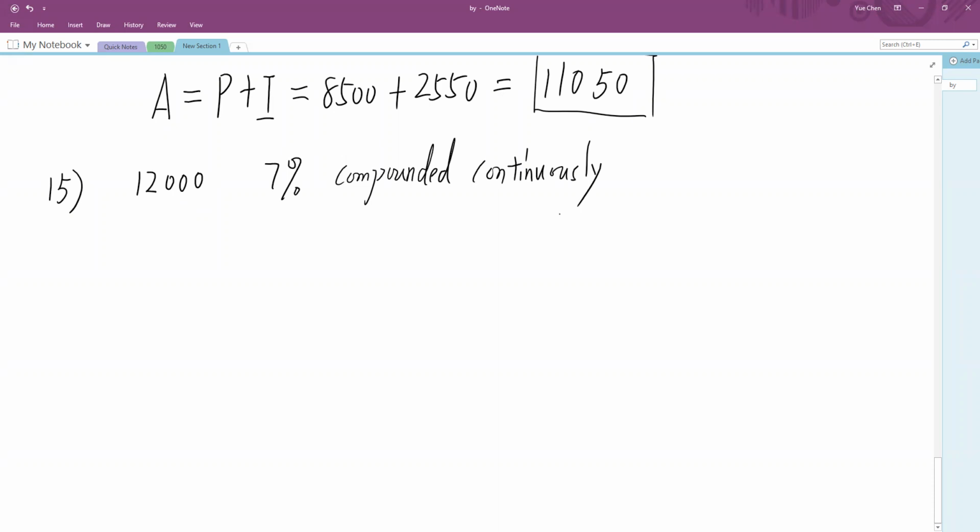Find the value of the investment 10 years from now. Okay. So this is a continuous compound interest problem.